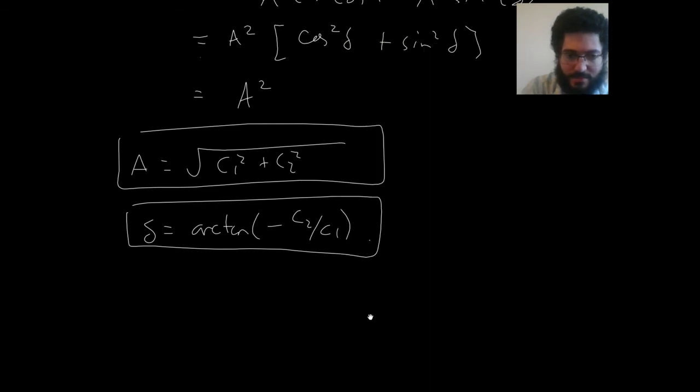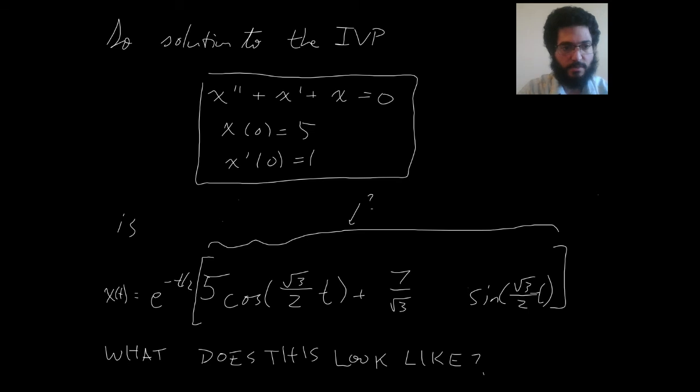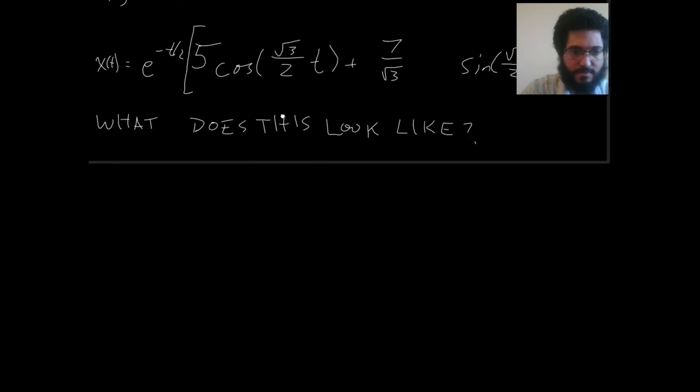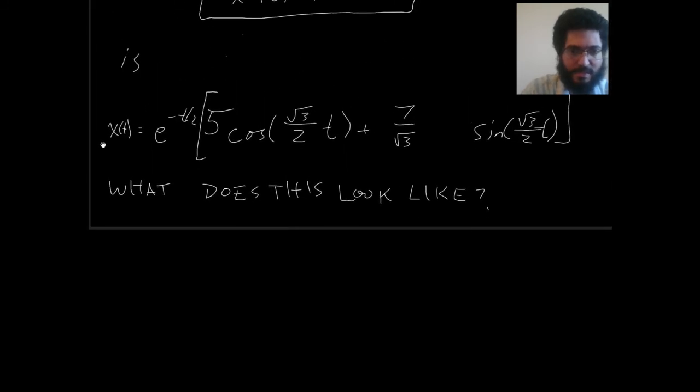Okay, so let's go back here to our original function here. When we solved this initial value problem, we got this thing. And now we have a much nicer way of describing what it looks like. So we can answer this question. What does this look like? We'll write it using that other form.